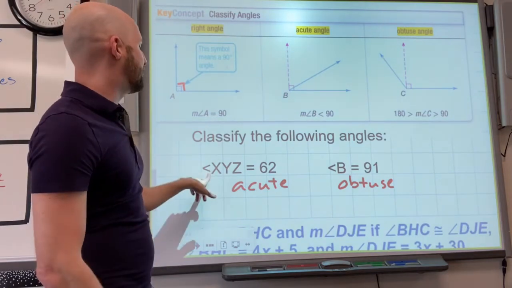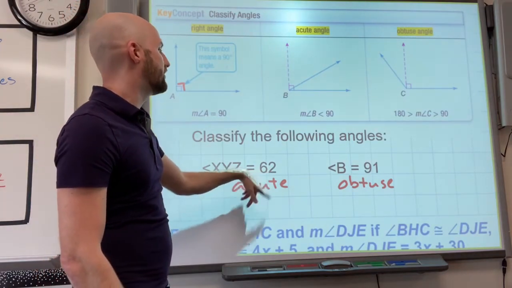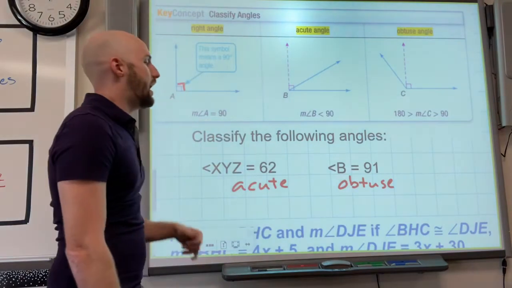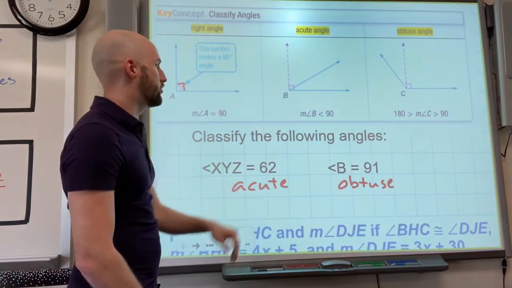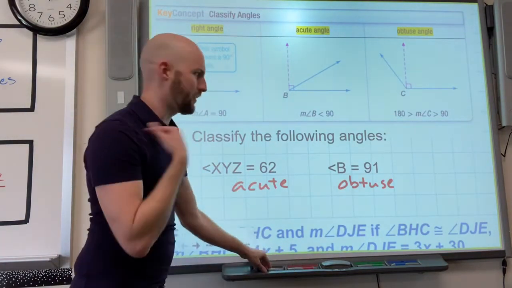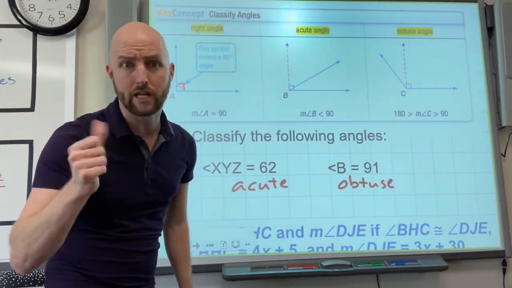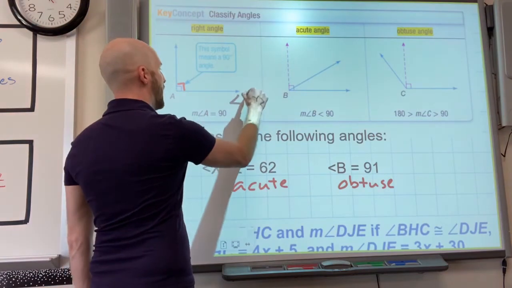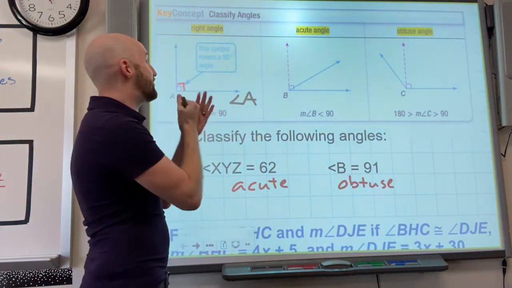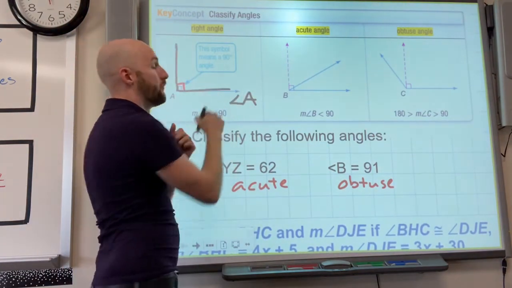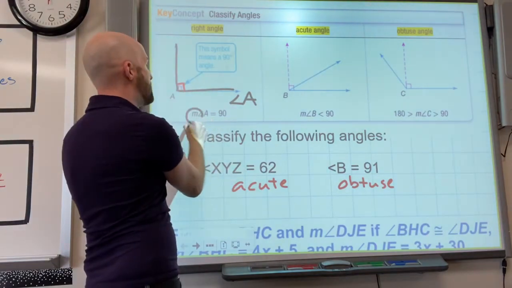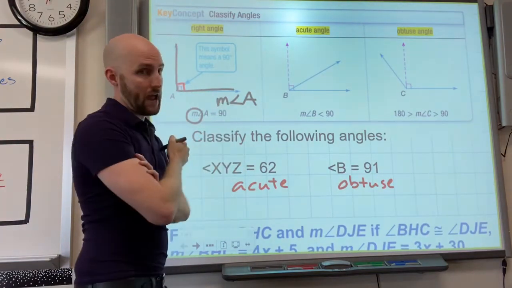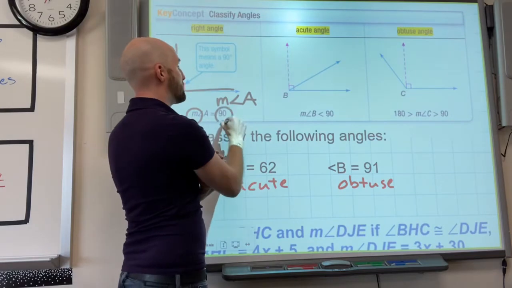So if I say, hey, this angle is 62 degrees, or this angle is 91 degrees, I should be able to classify that as acute or obtuse. Now, small nitpick that I'm noticing, because notation is important. When I say angle A, I'm referring to the physical object on the sheet of paper. But when they put the M in front of it, the measure of angle A, that is where we're talking about the value.